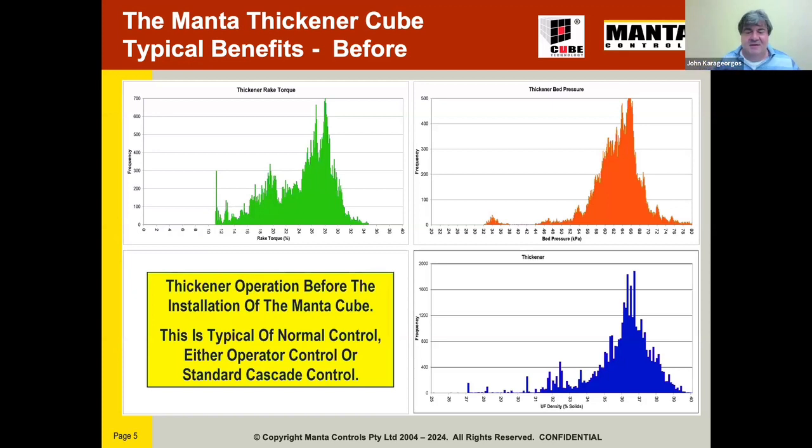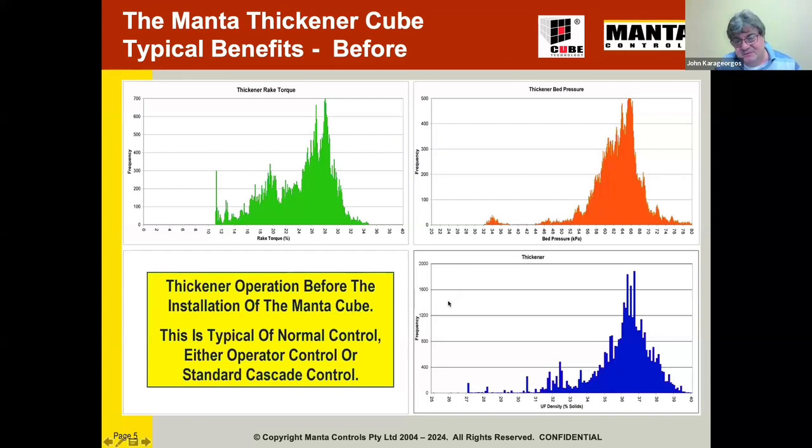Nothing wrong with that. Our hardest run thickener is actually at Prominent Hill, where we're running at 55% rate torque, and that was done on purpose because we needed to dewater. And I'm going to show you some of those results as well. So here's a general running thickener.